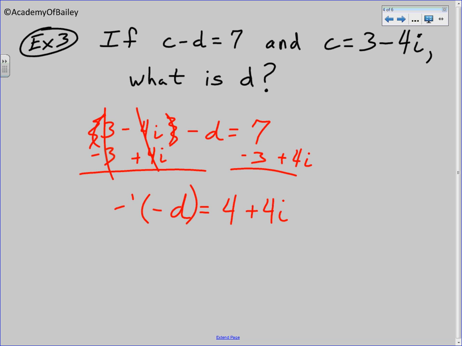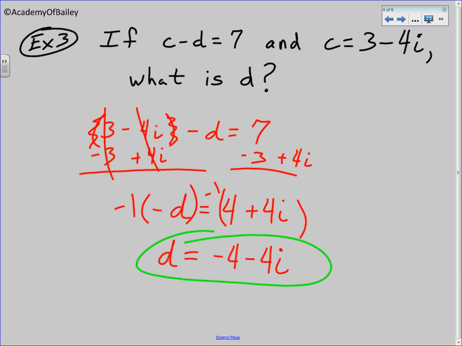And multiply everything on the left side by negative 1 to make it a positive D. Multiply everything on the right side by negative 1 to get this value of D, negative 4 minus 4i.